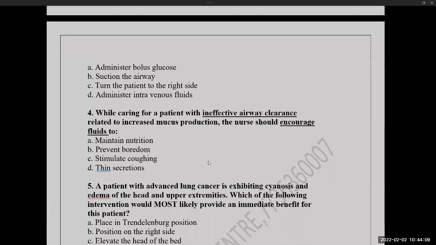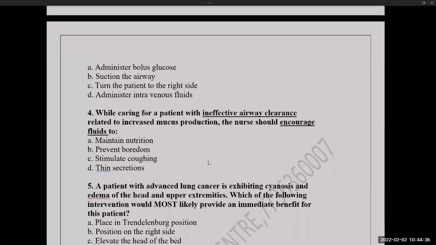Below that, this particular nursing diagnosis will be considered as a primary nursing diagnosis of which of the conditions? Ineffective airway clearance related to increased mucus production can be considered the priority nursing diagnosis for which of the conditions? That is the question.